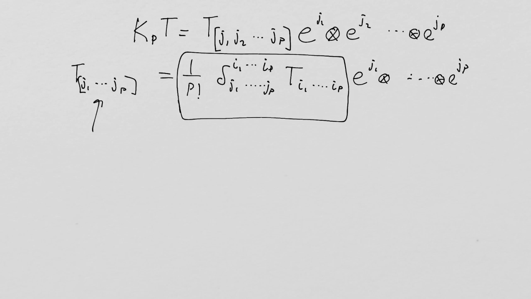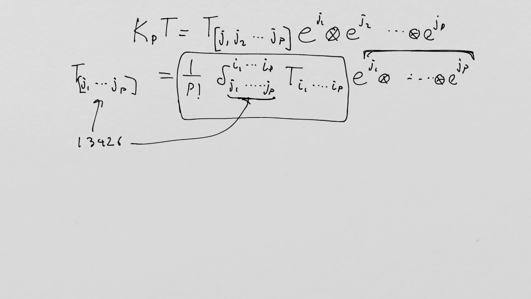So I might pick a series of indices. Now in this case I do have to pick indices that are all unique, otherwise this generalized Kronecker delta function will return a 0, right? Because you remember how that works. You can't duplicate indices anymore when you use this generalized Kronecker delta function. So say I chose 1, 3, 4, 2, 6, something like that, then that establishes what these J indices are, and that establishes what the basis vector is that you're interested in.